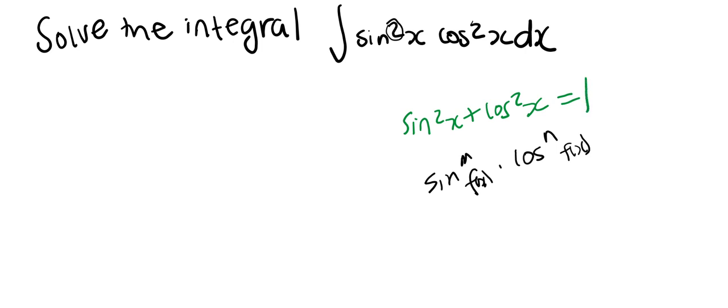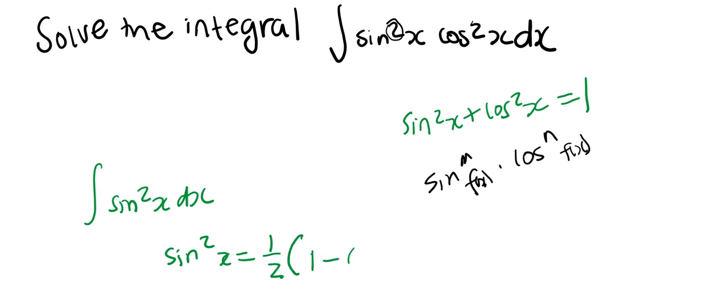Now, there's one thing I just want to show you, right? Don't confuse these identities. Remember, when we were integrating the integral of sine squared x dx, we used the identity sine squared x is equal to 1 over 2 times 1 minus cos of 2x.